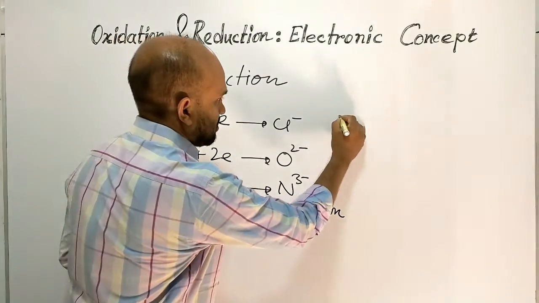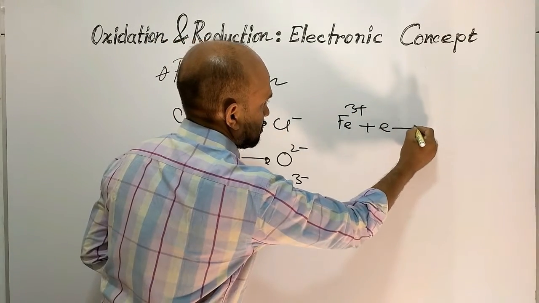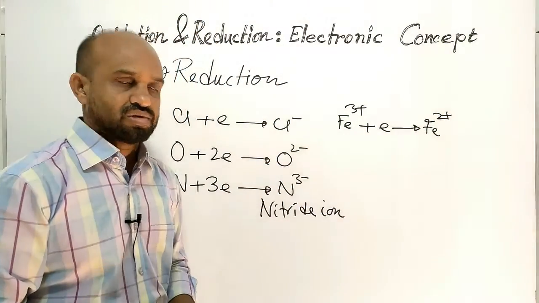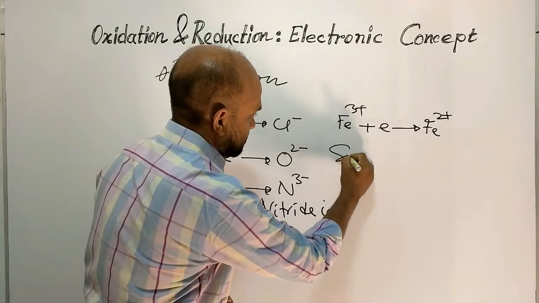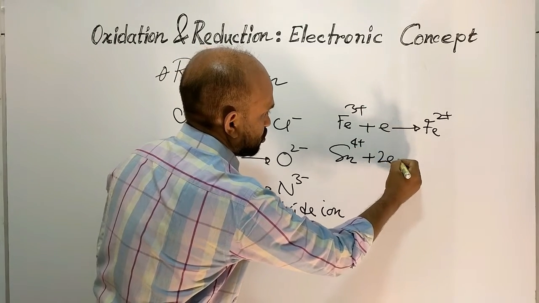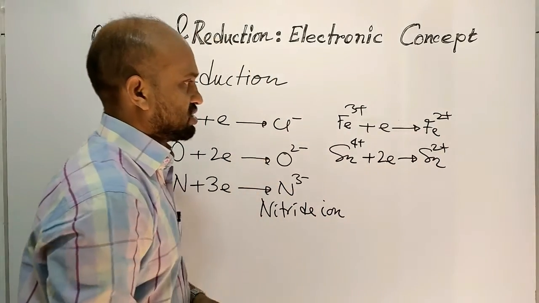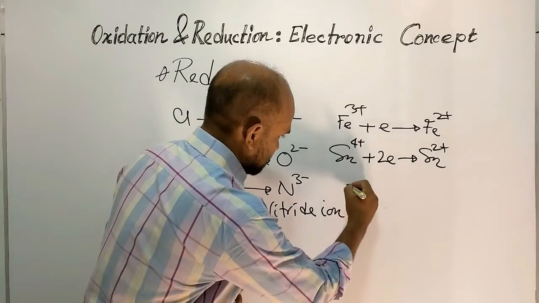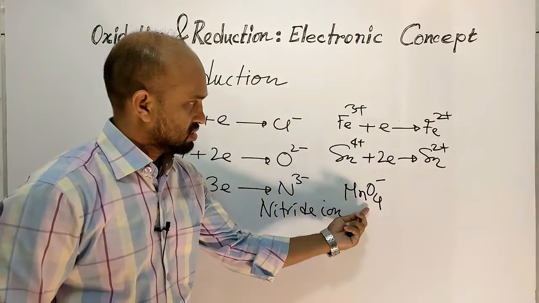Again, iron 3 plus receives 1 electron and iron 2 plus ion is formed. Similarly, tin 4 plus receives 2 electrons and tin 2 plus ion is formed. And lastly, MnO4 minus.